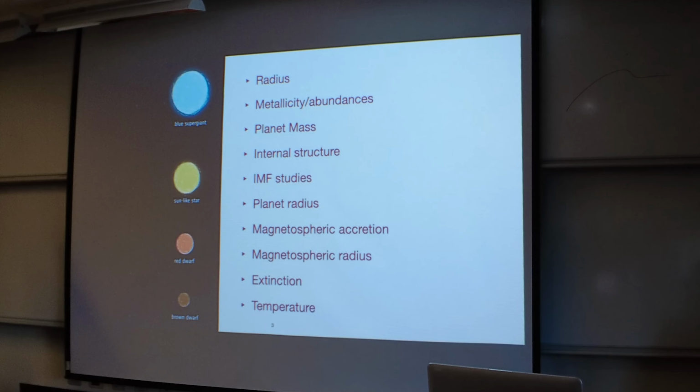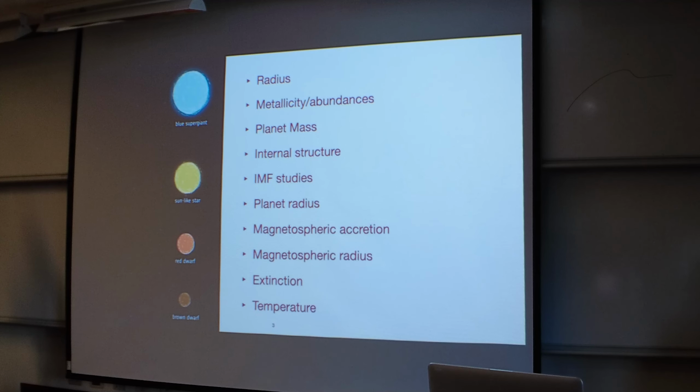Mass will influence, for example, our studies of the IMF. It will also matter if you are trying to measure abundances or metallicities in stars, because you have to know the mass or the temperature first. And even in exoplanet research, we can only measure the mass of a planet relative to the mass of the star. And if we're going to measure the radius of the planet, for example with transits, it's going to be related to the radius of the star.